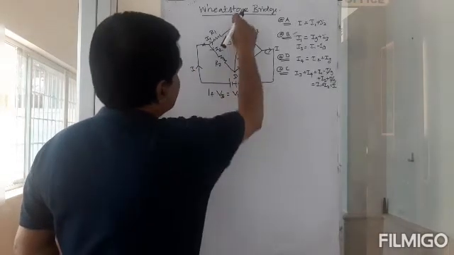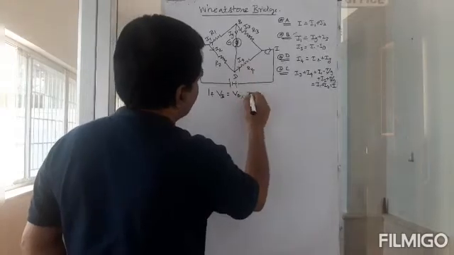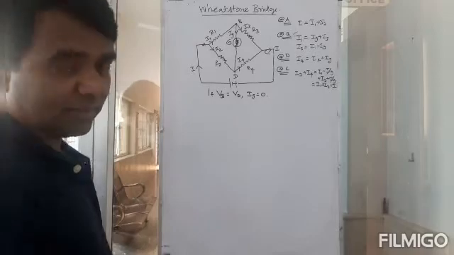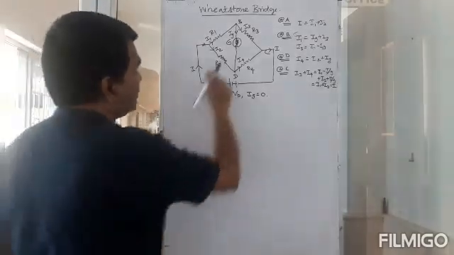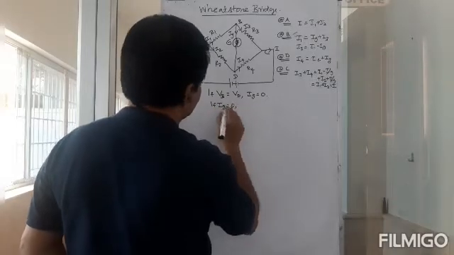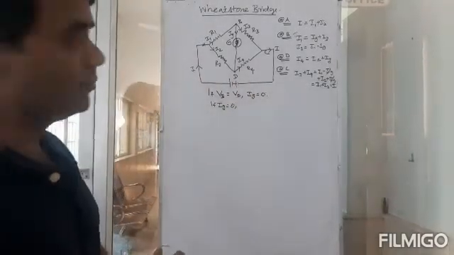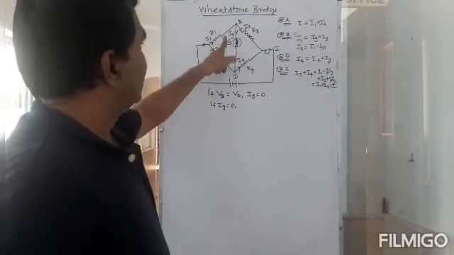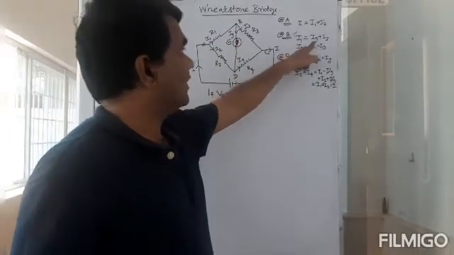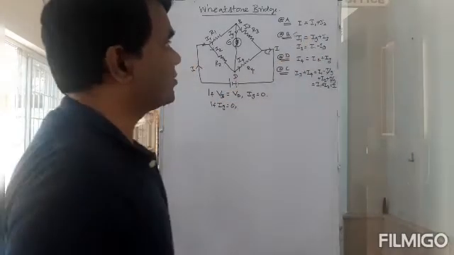If VB is equal to VD, then Ig will be equal to 0. If Ig is equal to 0, what else will happen? What is likely to happen here? Well, then I1 will be equal to I3. If Ig is equal to 0, then I1 will be equal to I3 straight away.